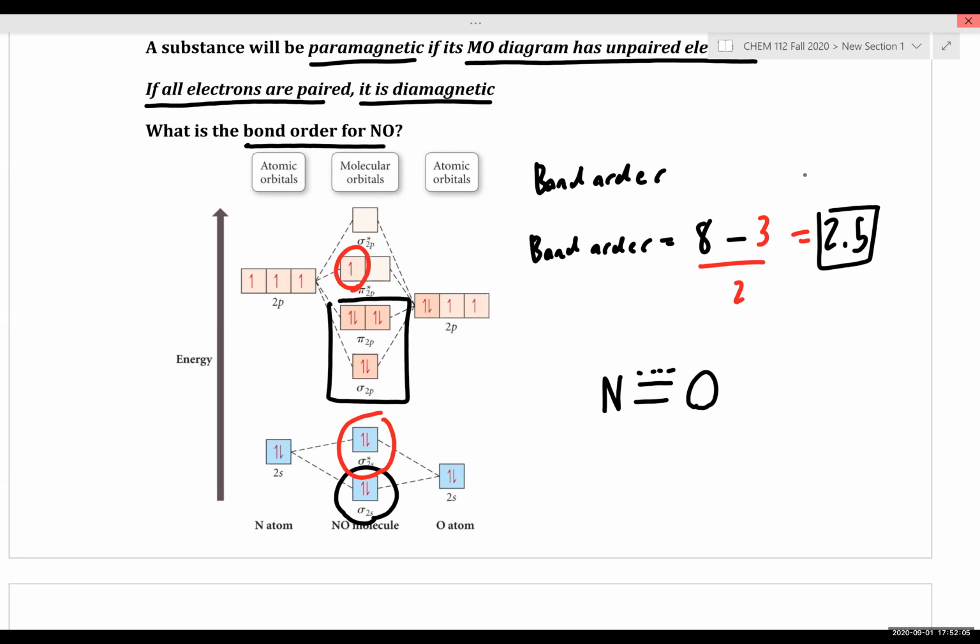Further, there are a few other things to note here. When we fully fill an antibonding orbital, those electrons, rather than being shared in a chemical bond, will instead be localized as a lone pair on one of our atoms.